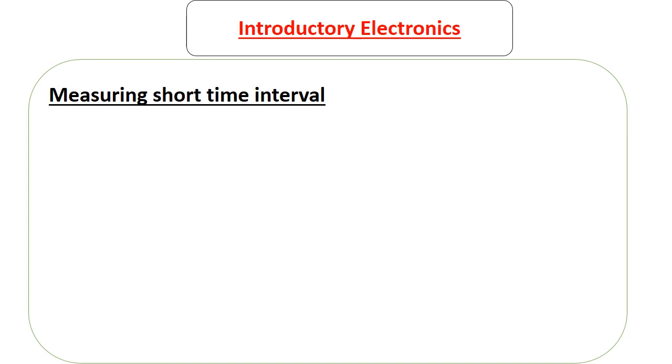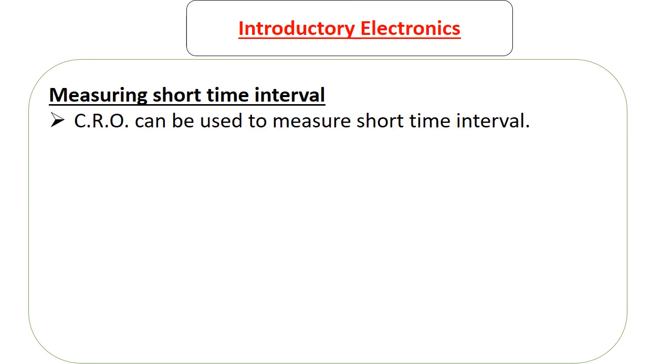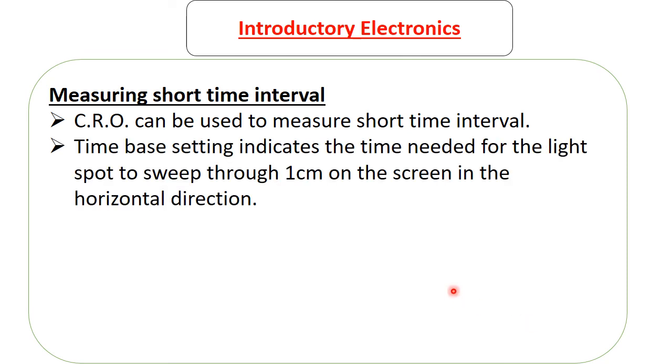Finally, another application of the C.R.O. is measuring short time intervals. In this case, we have a tuner where we can select the time-base setting. The time-base setting indicates the time needed for the light spot to sweep through 1 centimeter on the screen in the horizontal direction. So for time, it's from left to right.